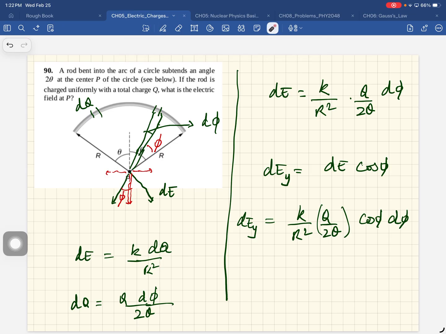This is 0, theta is the maximum value here, and minus theta is the maximum value there. All right, so that's the integral.